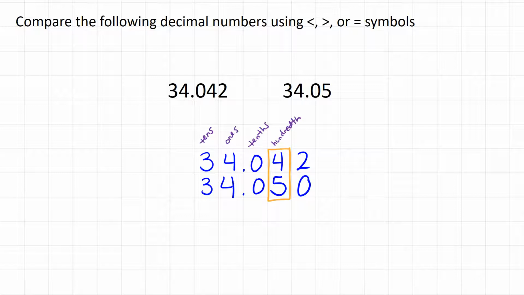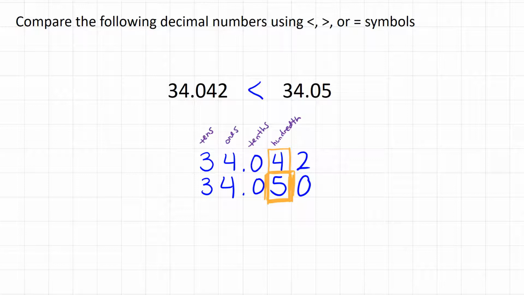And I know that 5 is bigger than 4, which makes our second decimal number the greater number. So I'm going to put the less than symbol in between. Okay, so 34 and 42 thousandths is less than 34 and 5 hundredths.